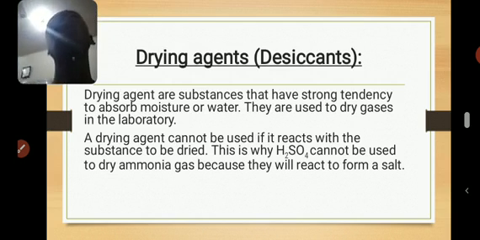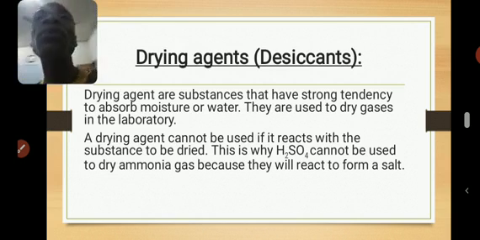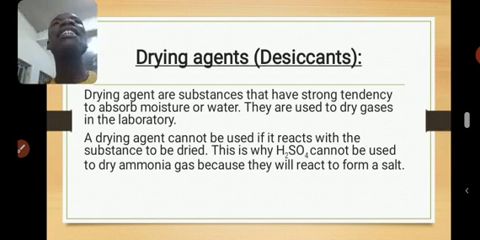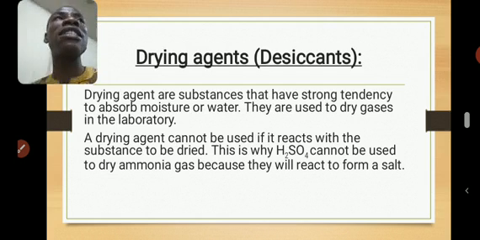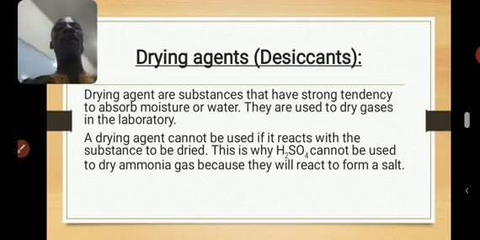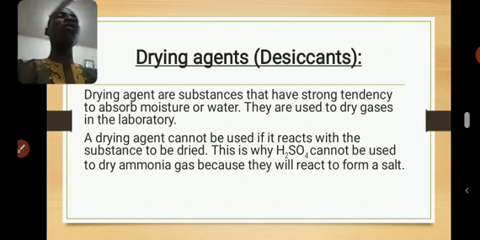Now, you don't use them to dry gas inside the desiccator. You don't put gas inside the desiccator. So desiccants are substances placed in the desiccator to dry solids. That is the function of desiccants.